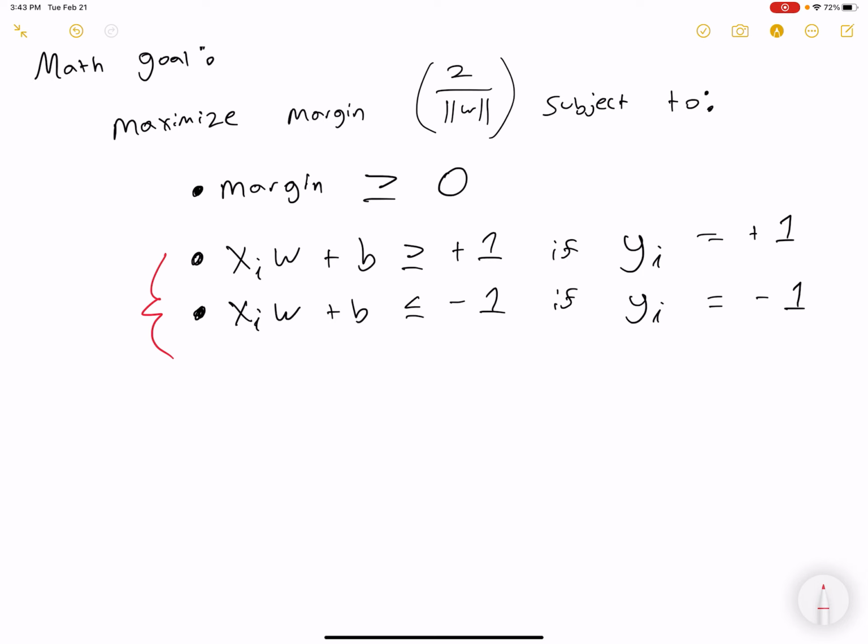So these two constraints are just saying classify everything correctly.